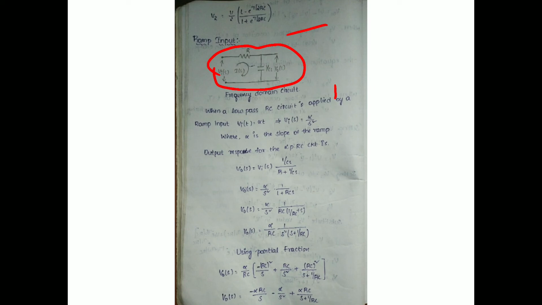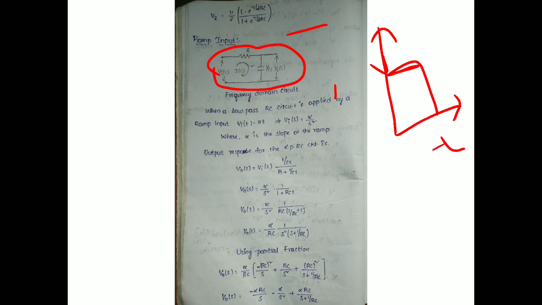In the frequency domain, it can be written as V of S, I of S, and 1 by Cs. When the ramp input is applied to the low pass filter, we have to observe the frequency response.